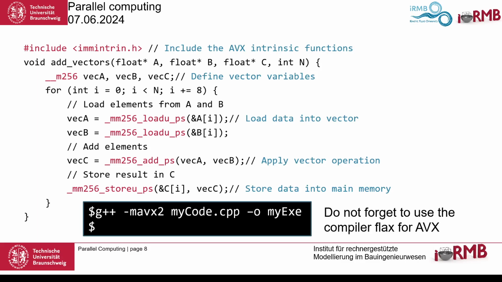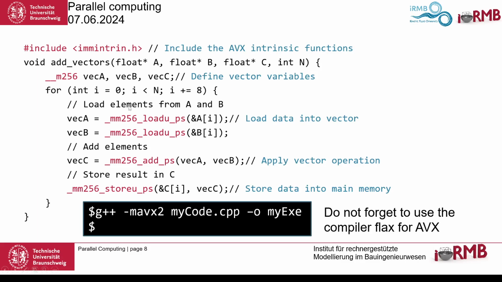This usually doesn't work. So what you usually have to do is tell the compiler exactly what machine operations it is supposed to use. This is the assembler instructions. And in order to use them, we have to include the header for the intrinsic AVX instructions.